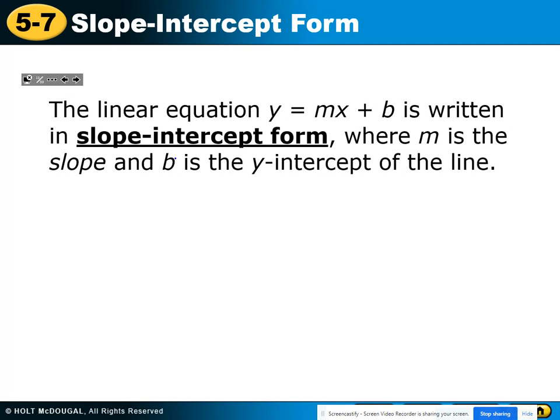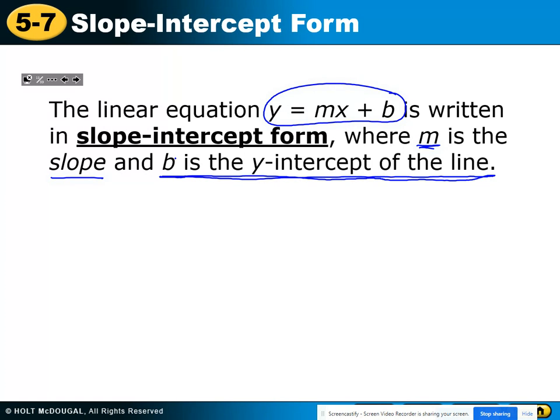So being able to do that is important because we are going to continually use the y-intercept, okay? The linear equation y equals mx plus b is written in slope-intercept form, where m is the slope and b is the y-intercept of the line.